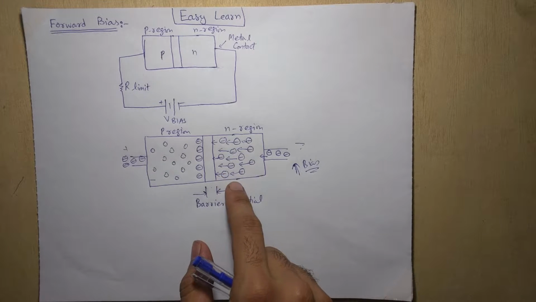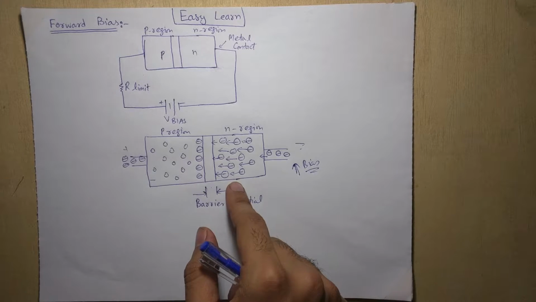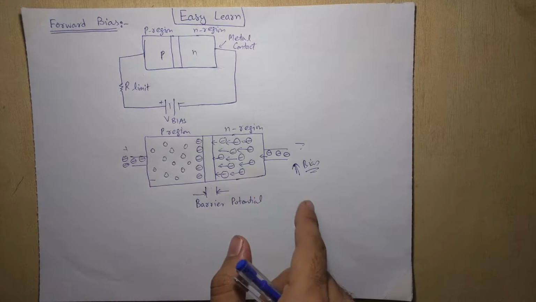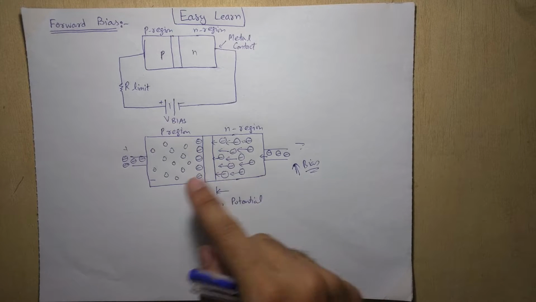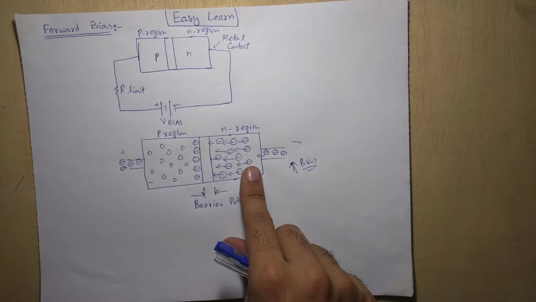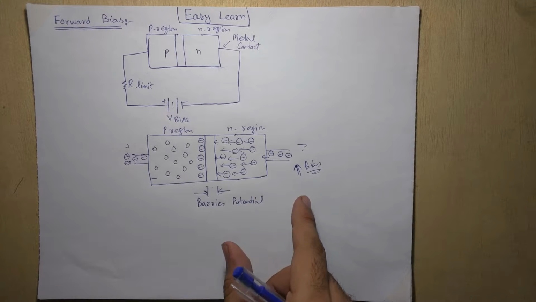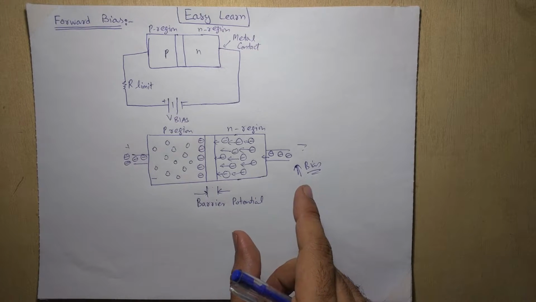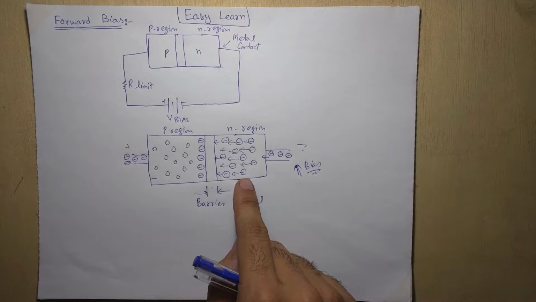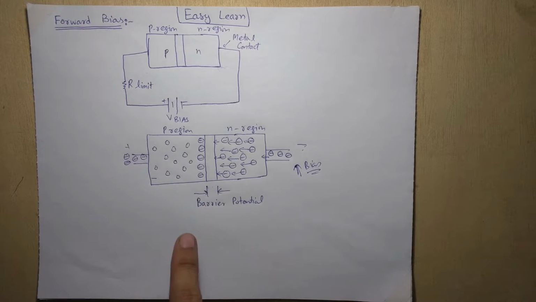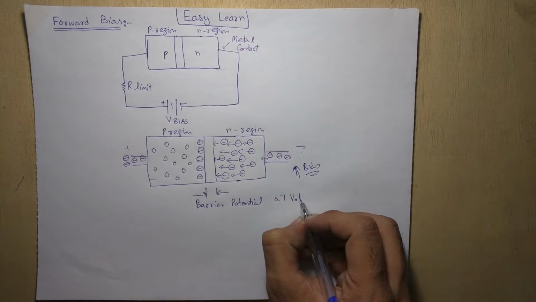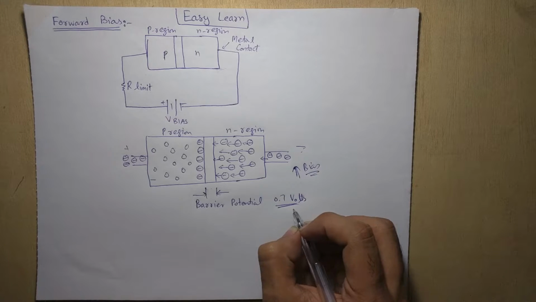This is an electron current, and electrons are flowing through the external connection into the N region, as shown by the arrowheads. The bias voltage imparts sufficient energy to the free electrons for them to overcome the barrier potential, which is 0.7 volts in the silicon case.